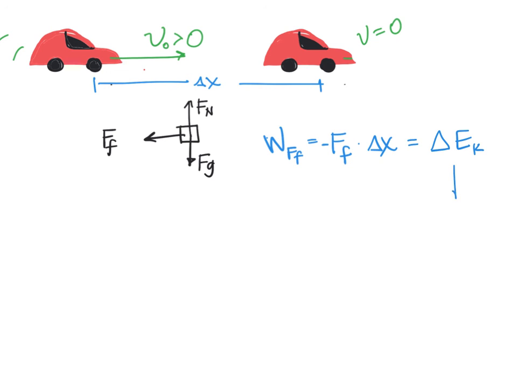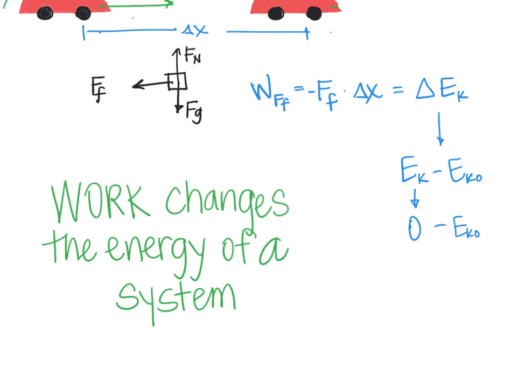Your change in kinetic energy is your final kinetic energy minus your initial kinetic energy. And if our final kinetic energy is 0 because we've stopped, and our initial kinetic energy is non-zero because it was moving to begin with, then there was a negative change in energy. So work changes the energy of a system.